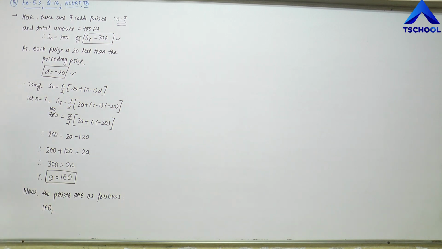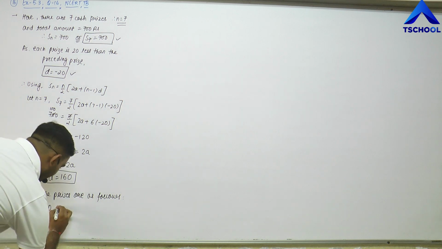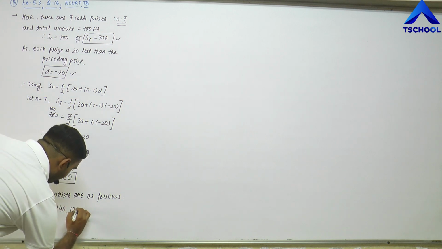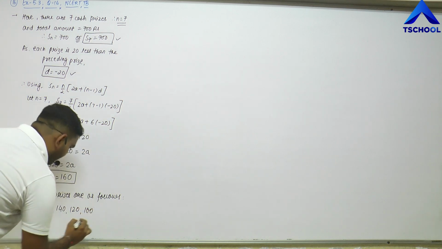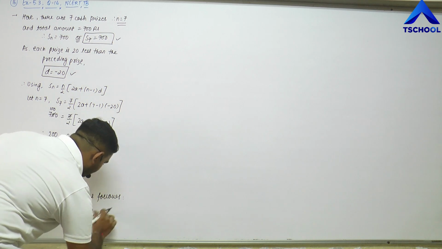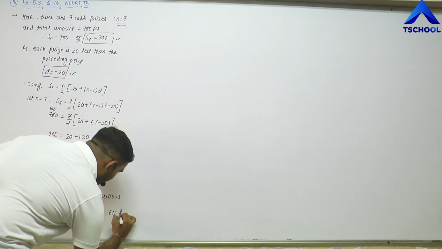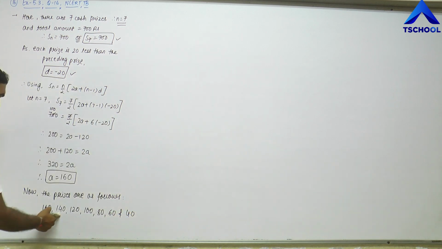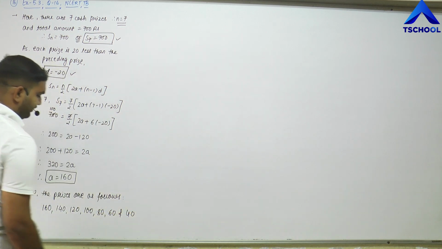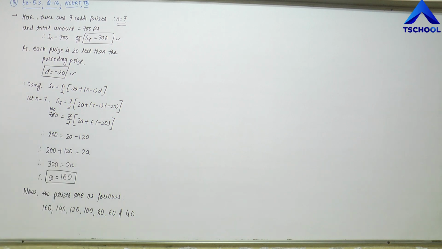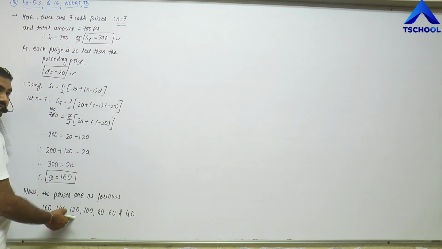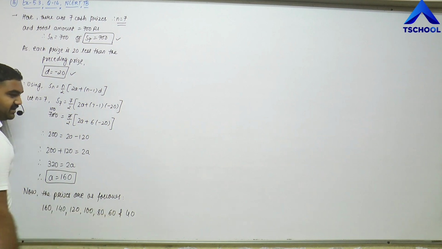Second prize winner, that is 20 less than the preceding, so that is 140, 120, 100, then 80, 60 and 40. So 1 2 3 4 5 6 and 7. So we got all these 7 prizes. That means first one gets 160 rupees, second one gets 140 rupees, third one gets 120, up to the seventh one gets only 40 rupees.